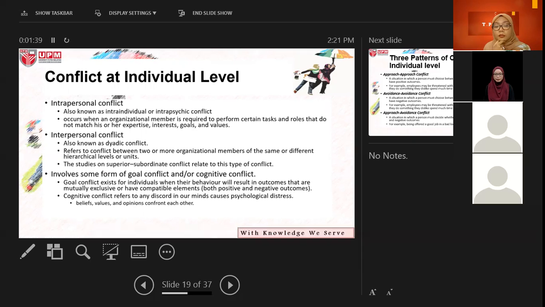Meanwhile, cognitive conflict ni it started from individual. It can cause intrapersonal conflict, and then if let's say you make it visible, it can lead to interpersonal conflict. So under the cognitive ni, it is related to your belief, values and opinion to confront each other. Differences in belief, values and opinion.